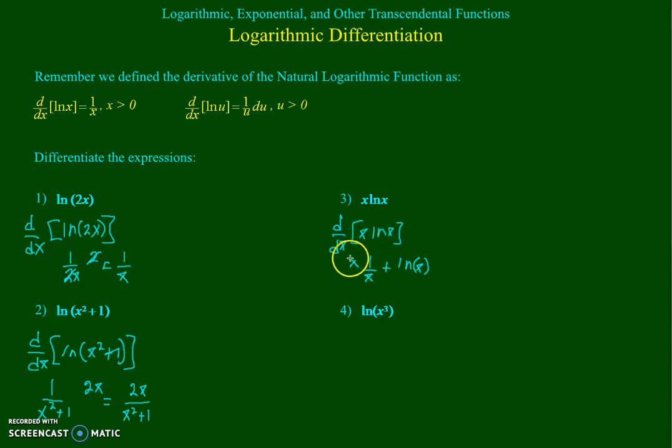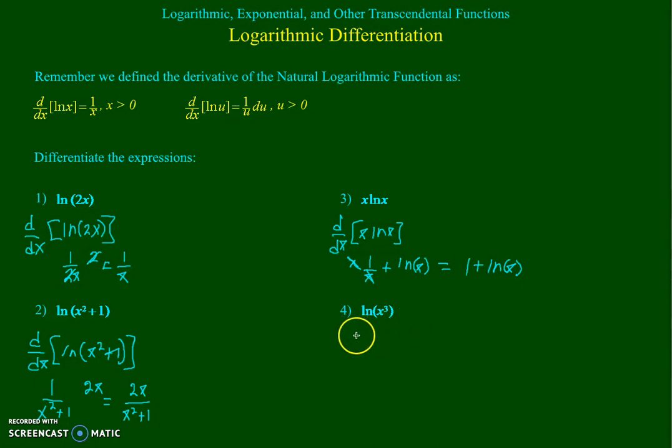Let's go ahead and simplify these. This x and this x go to 1, so we simply have 1 plus the natural log of x. All right, now give number 4 a shot.